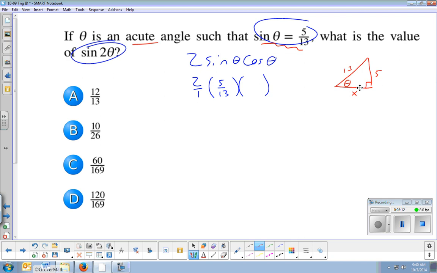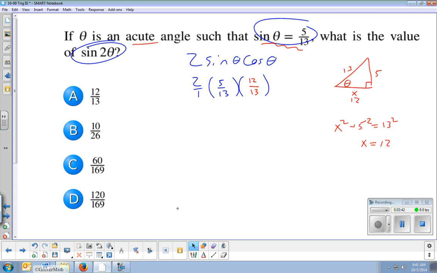This is a very common Pythagorean triplet. The answer is 12, but if you don't have that memorized, it's okay. You could do x squared plus 5 squared equals 13 squared, and you're going to end up with x equals 12. Hopefully you don't need me to do all that algebra out for you at this stage. So now that I have this missing side, I know cosine theta, adjacent over hypotenuse, is 12 over 13.